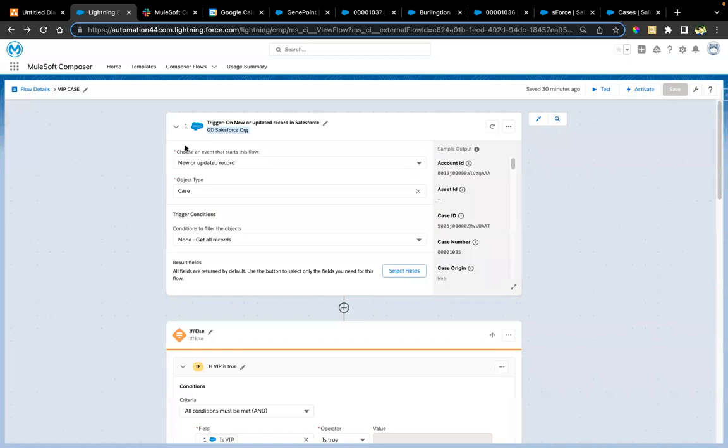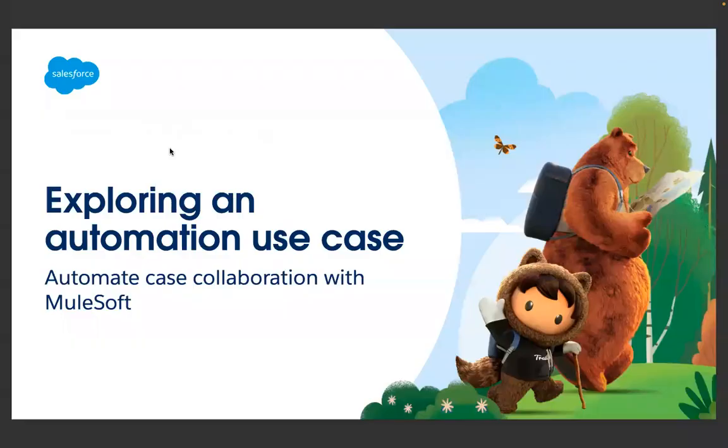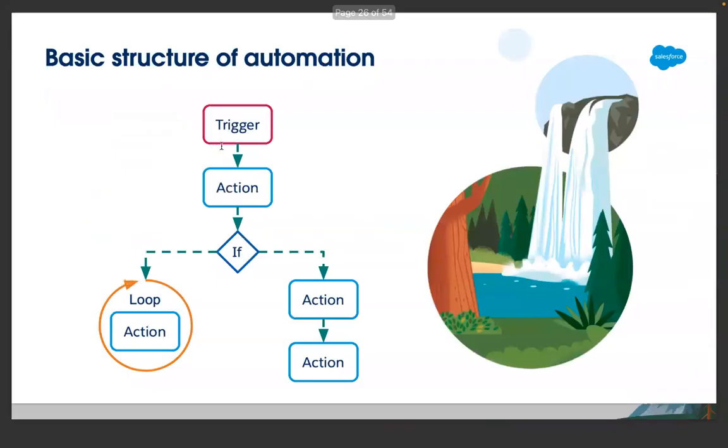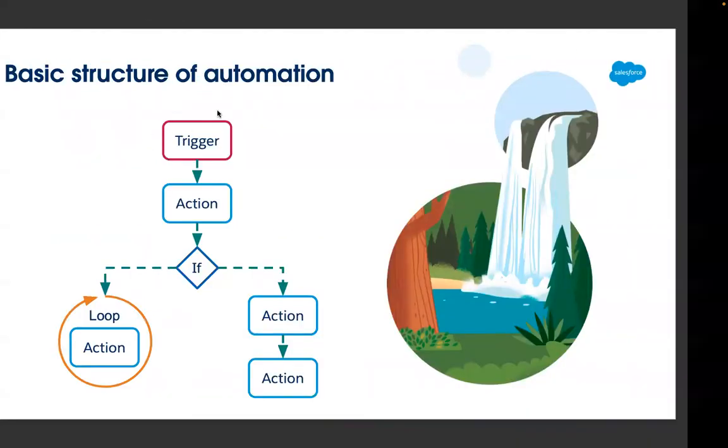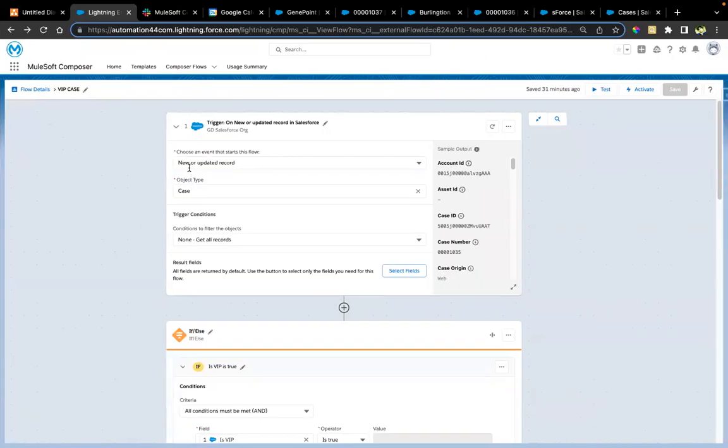If we can see, my MuleSoft Composer flow should trigger, if I can show you over here, see, trigger. So in this trigger, my MuleSoft Composer flow should be triggered when a new case is created or updated in my Salesforce org. In my trigger conditions, I have set it to none.